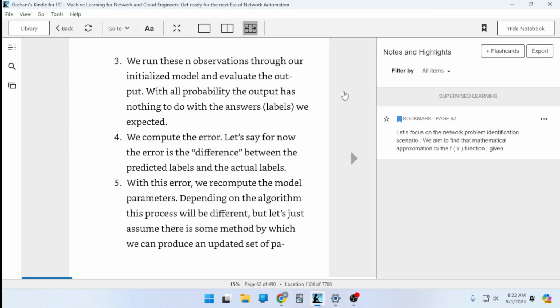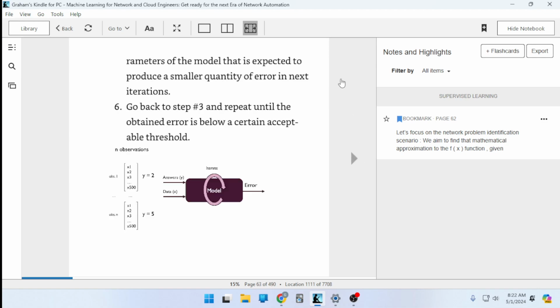Depending on the algorithm, this process will be different, but let's just assume there is some method by which we can produce an updated set of parameters of the model that is expected to produce a smaller quantity of error in next iterations. Number six, go back to step three and repeat until the obtained error is below a certain acceptable threshold.